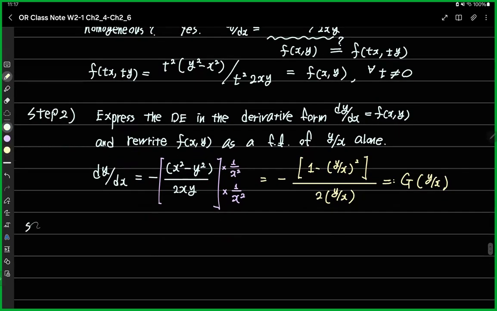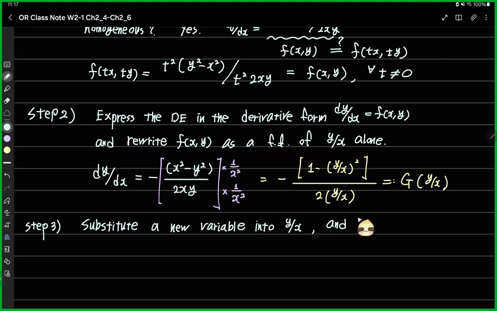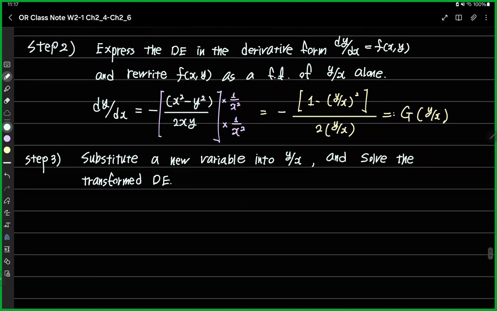Now step 3: let's substitute a new variable for y over x and solve the transformed differential equation. Let v be y over x.